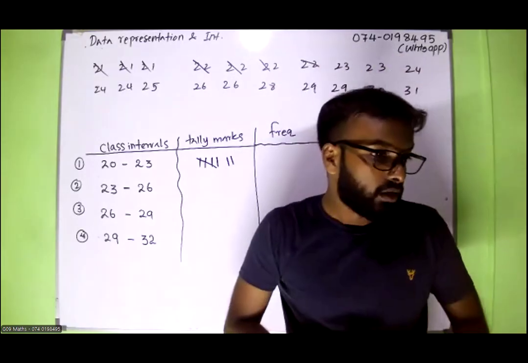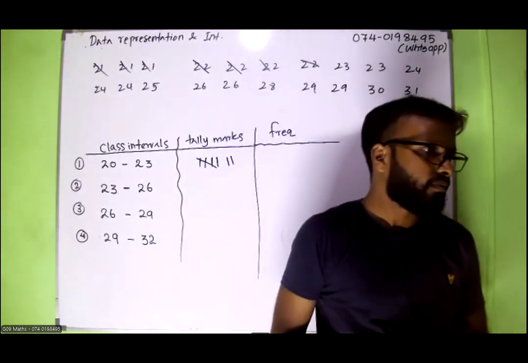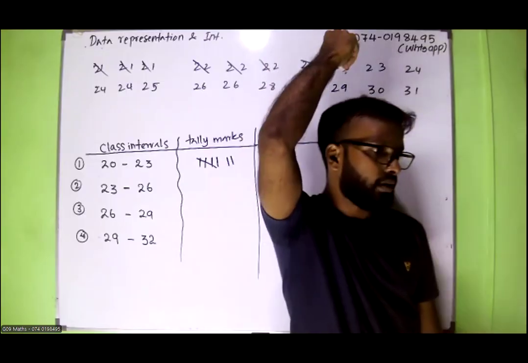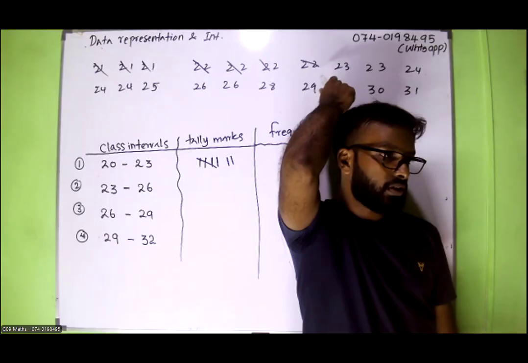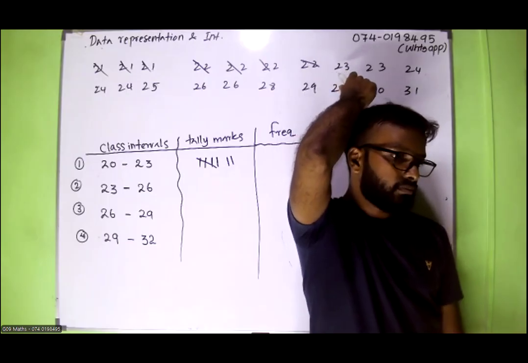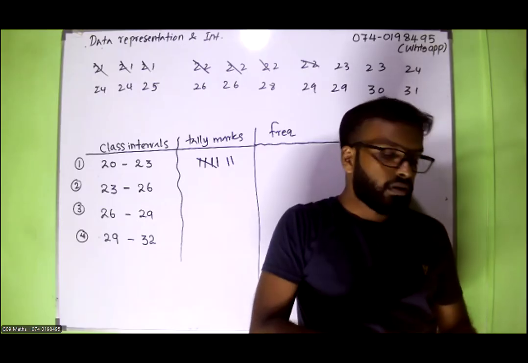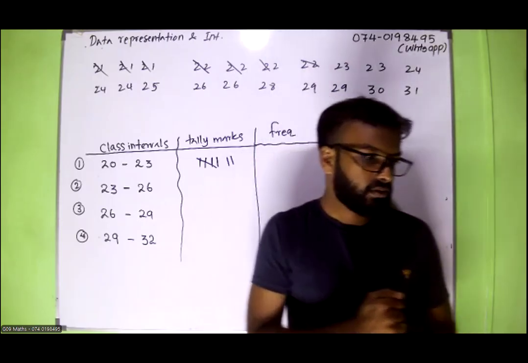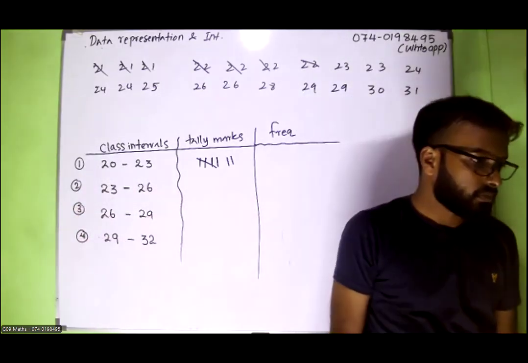Right. The value 23. Here, this one. Which class interval? First one or second one?